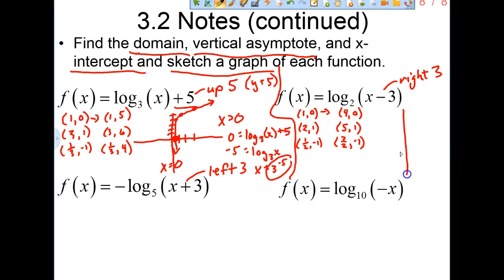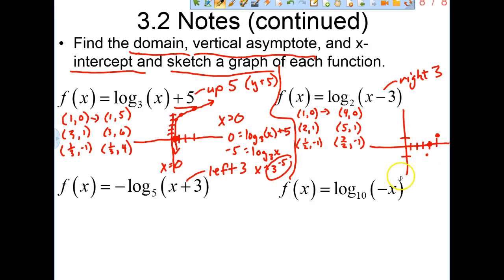So let's plot those. 4, 0. Notice that is the x-intercept as well. 5, 1. And then 7/2. Remember, 7/2 is 3.5, negative 1.